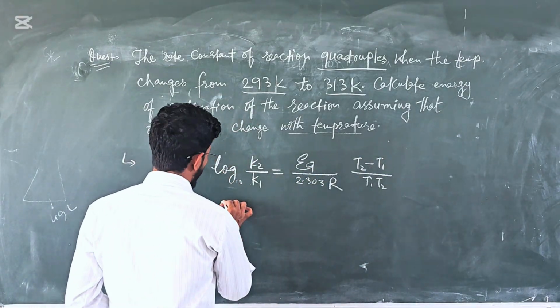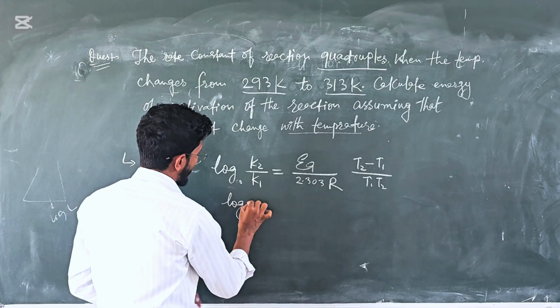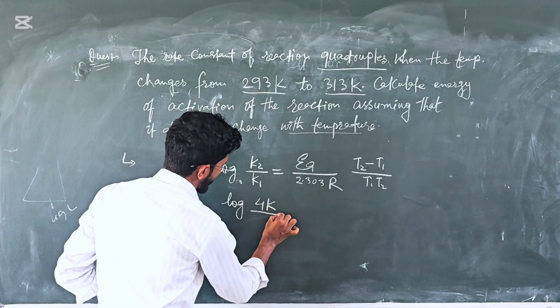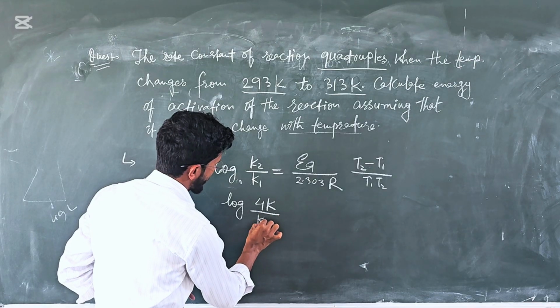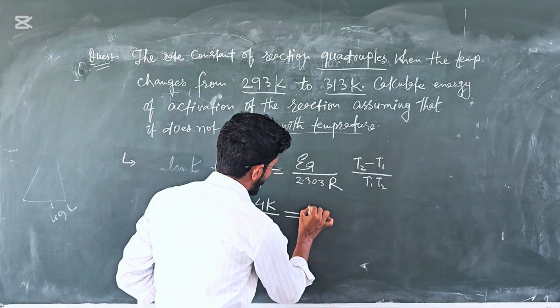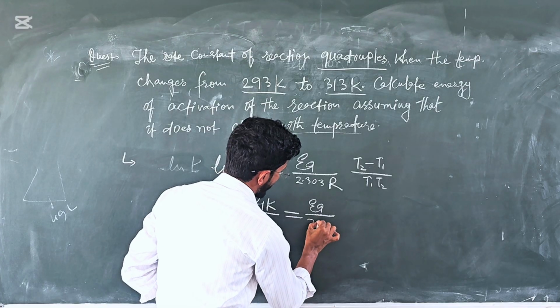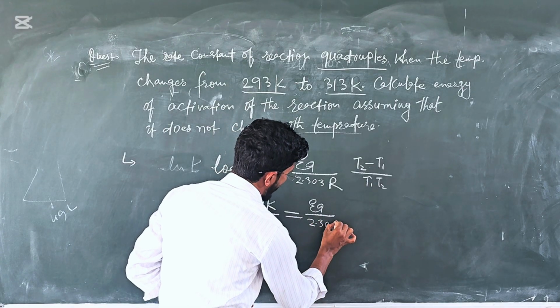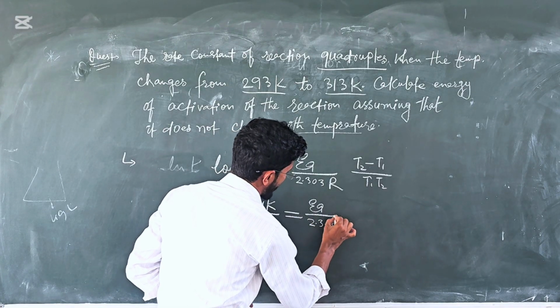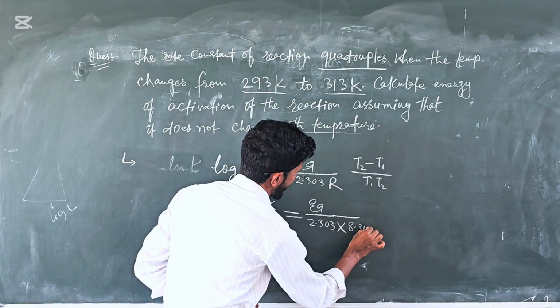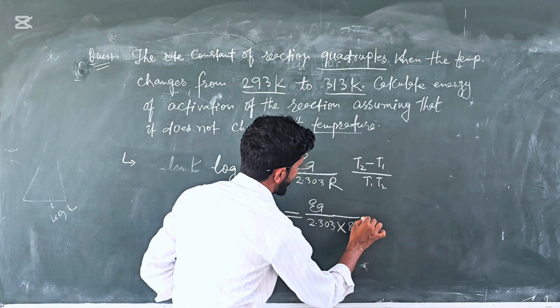Now put the values. K2 becomes quadruple, meaning 4 times K, and the initial value of the rate constant is K. Now EA we have to find out, EA upon 2.303 R. The value of R is 8.314 in terms of joule.